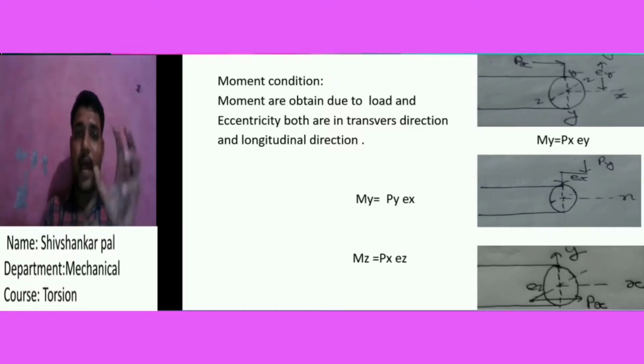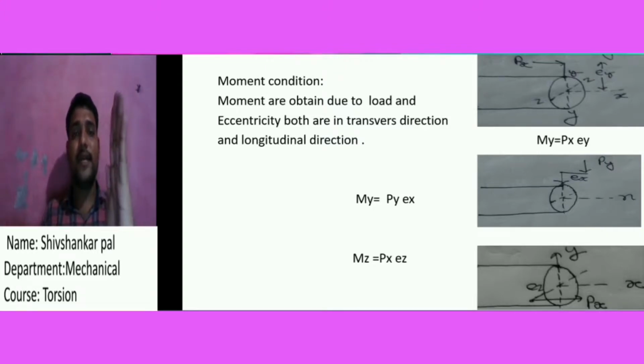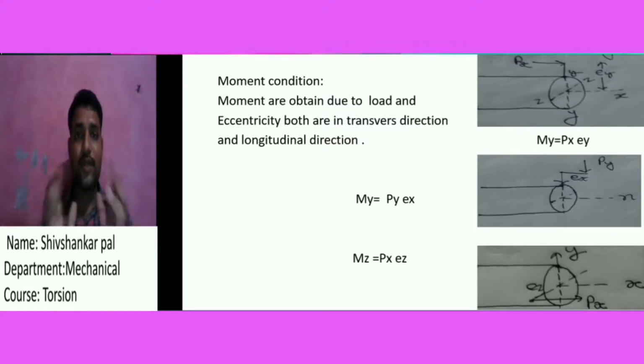Our moment depends upon two parameters, the load and the eccentricity. If one acts in the transverse direction and the other in the longitudinal direction, for example a load in the transverse direction and eccentricity in the longitudinal direction, then the produced moment is not a torque.